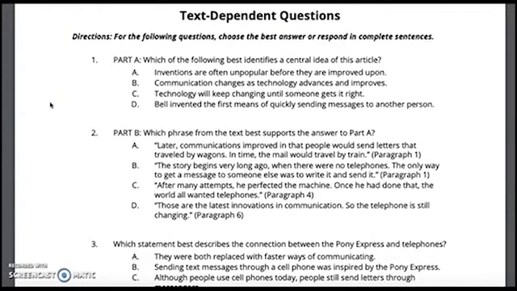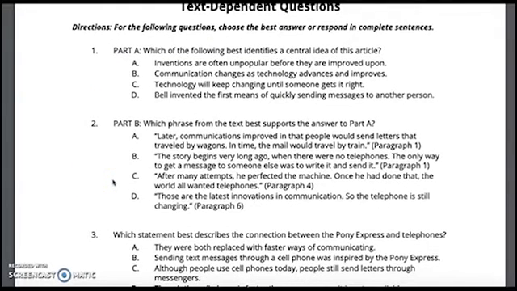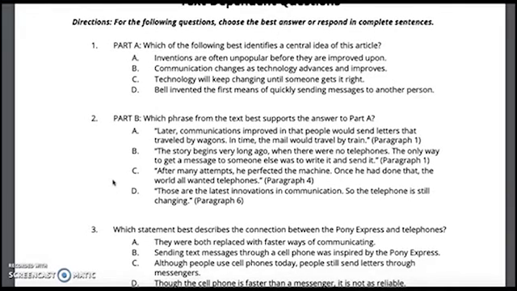Part B has to match Part A. If you cannot connect your answer from Part A to Part B, then it's wrong. And it's okay to go back and change our answer to Part A if we need to. But let's look at Part B. Part B says, which phrase from the text best supports the answer to Part A?